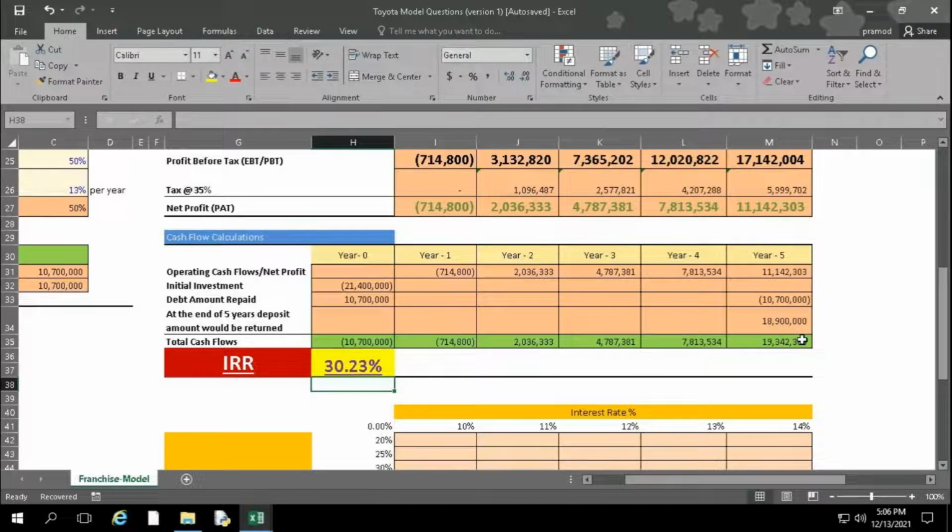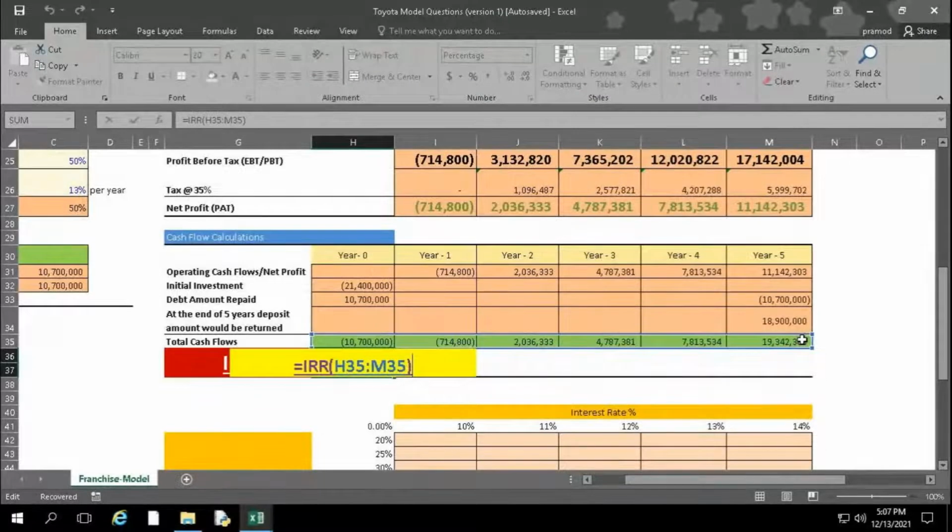Sir, after the comma, after values, for the guess what do we have to do, sir? For the IRR formula, values and comma for guess. For guess, no comma, just IRR from H35 to M35. If I give that, I'm getting 23% only, sir.